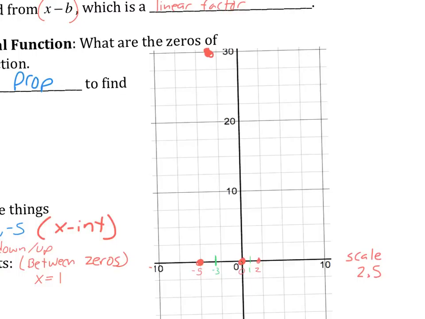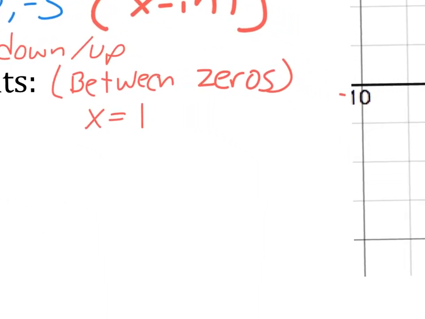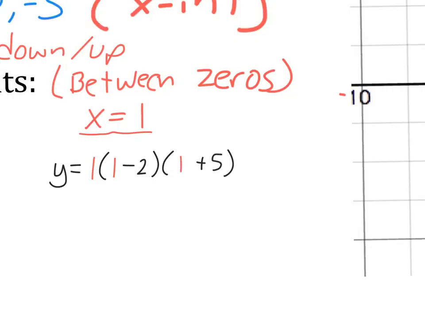Now, what's the behavior of the function when it's between the 0 and the 2? I'll know that, or at least partially I'll know that, when I substitute in x equals 1 to see what happens there. So y equals 1 times 1 minus 2 and 1 plus 5.